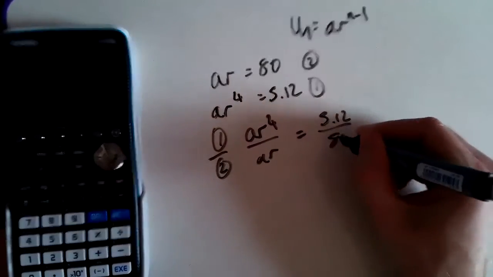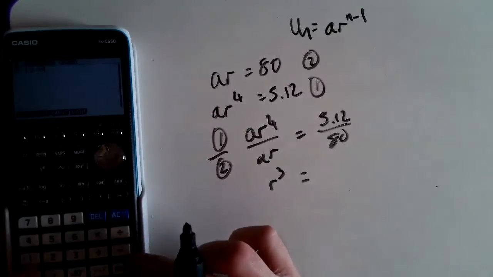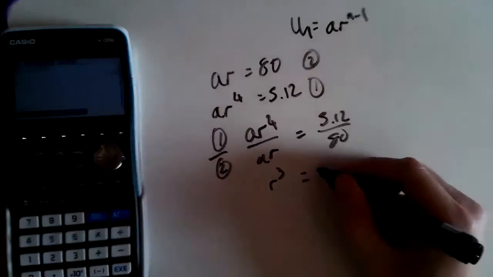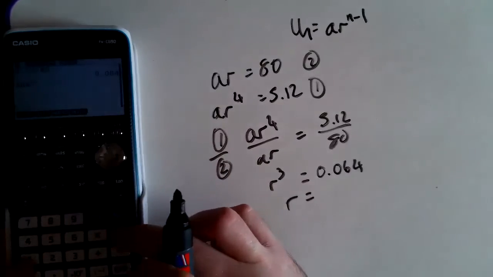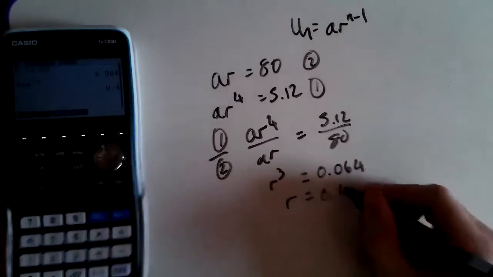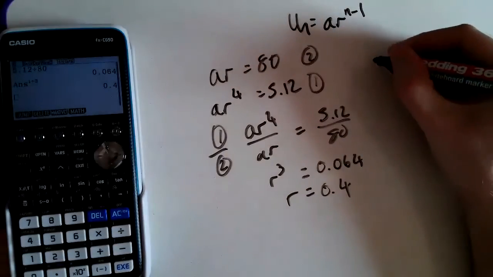I get just r cubed is 0.064. Cube root it is 0.4. That's r. Sub r back in, so we'll sub back into the first one.